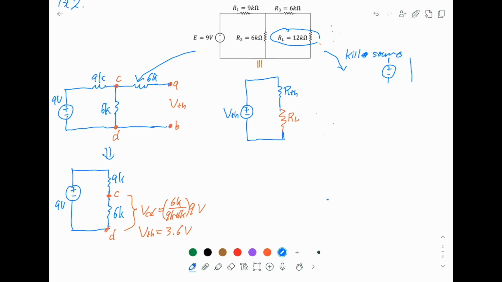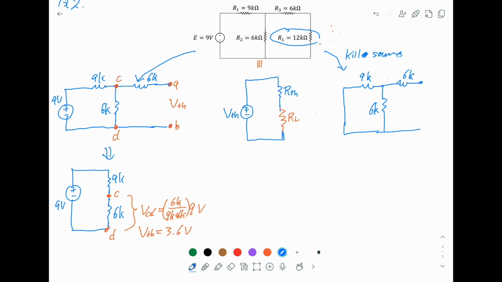If you see a current source, you just open it. Now here we have a voltage source, so we just short the circuit. So instead of E, we just connect this one here, and we still have our 9K, and we have 6K here, and we have 6K here.